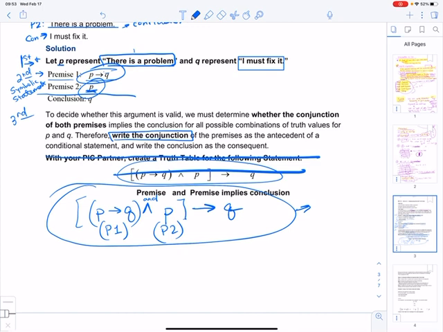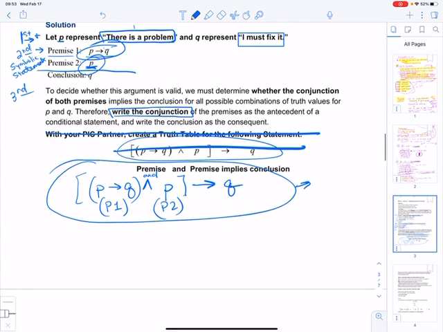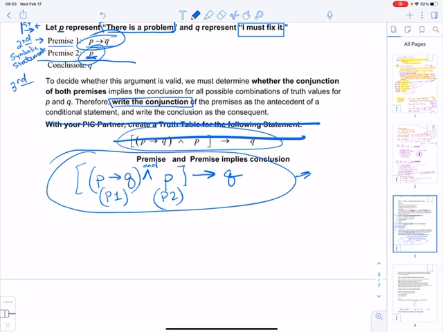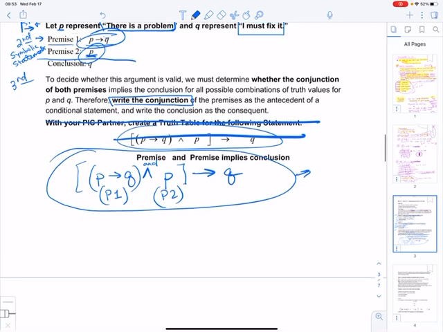And is the only time it's true is whenever it's true in all cases. So that's why we take the conjunction, because we're sticking with deduction. And for a statement to be valid in deductive reasoning, it has to be true in all cases to follow the next case. So that's why we use the word and.